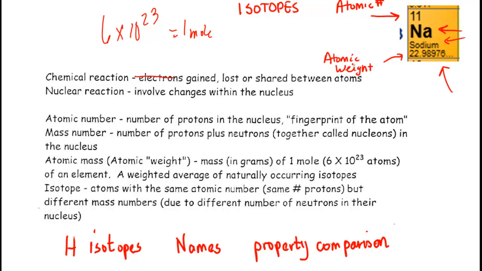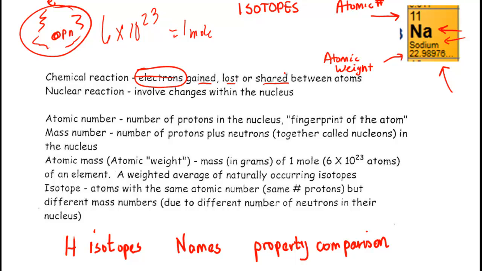And so we're going to say a couple things about how this relates to what's in the atom. Number one, we're thinking about our atom with our protons and neutrons in a nucleus. Our electrons are in this electron cloud. And in chemical reactions, it is the electrons that can be gained, lost, or shared between atoms.